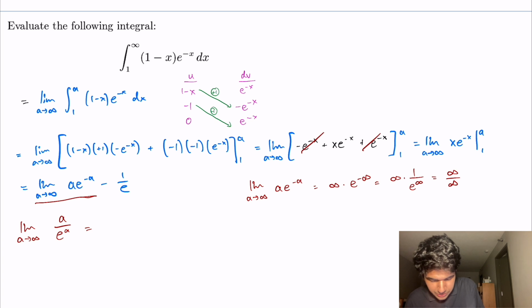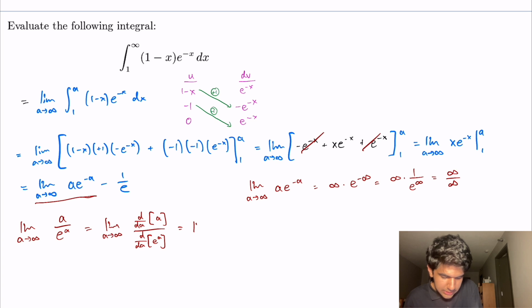This is equal to the limit as a approaches infinity of the derivative with respect to a of the numerator divided by the derivative with respect to a of the denominator, which is equal to the limit as a approaches infinity of 1 over the derivative of e to the a, which is e to the a. Now when we plug in infinity for a, we get 1 over e to the infinity, which is equal to 0.